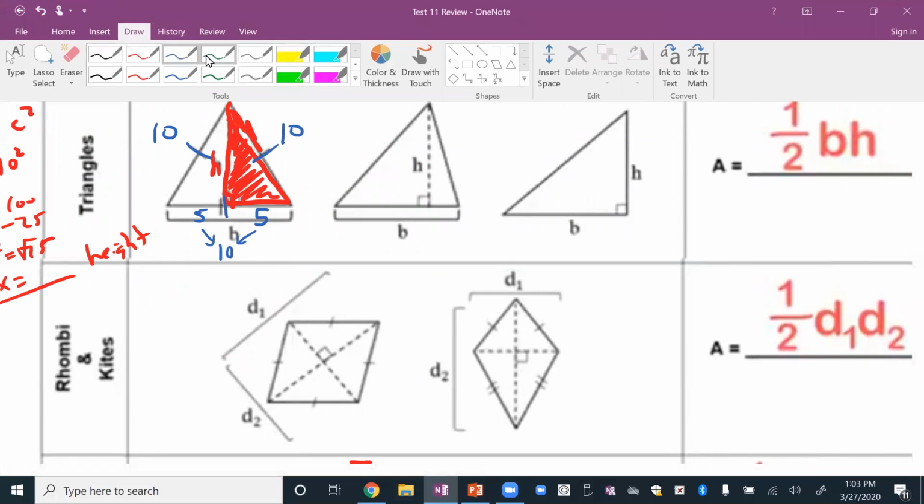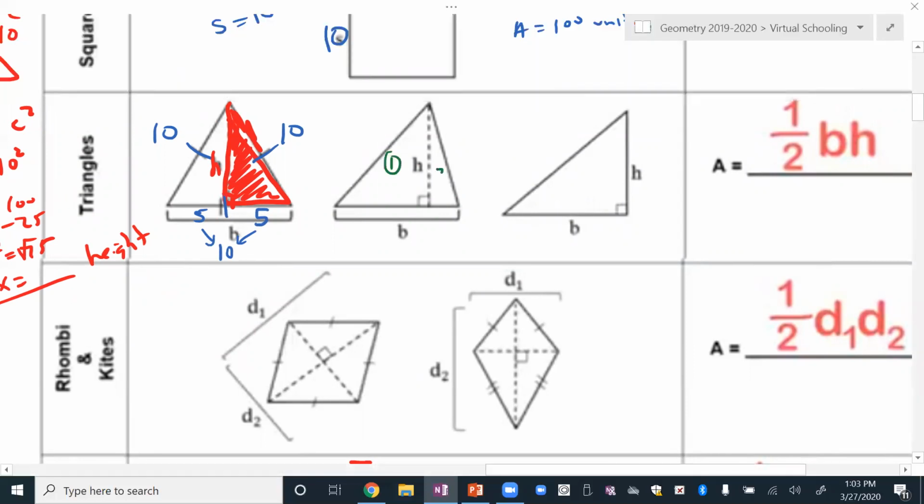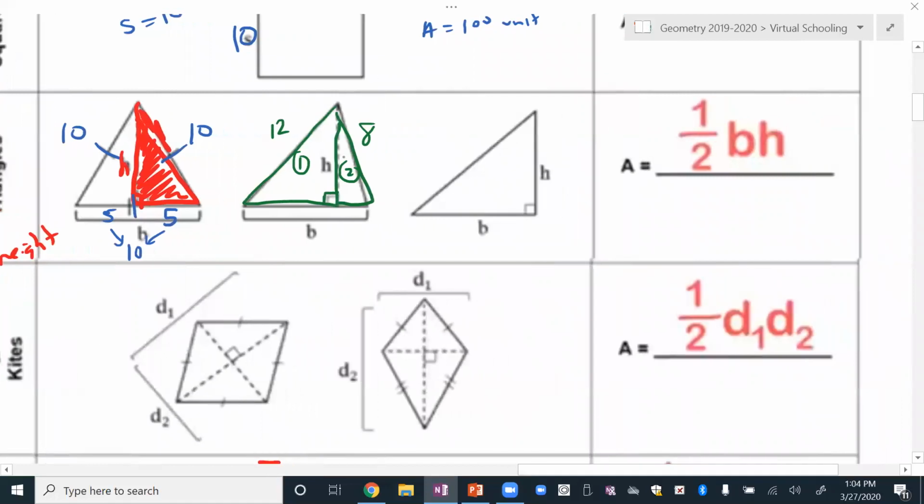Now, there are some that will give you 2 different types of triangles. And they're going to ask you to solve for the missing parts. So let's say they gave me 12 and they gave me 8 over here, but they gave me my height, which is 10.